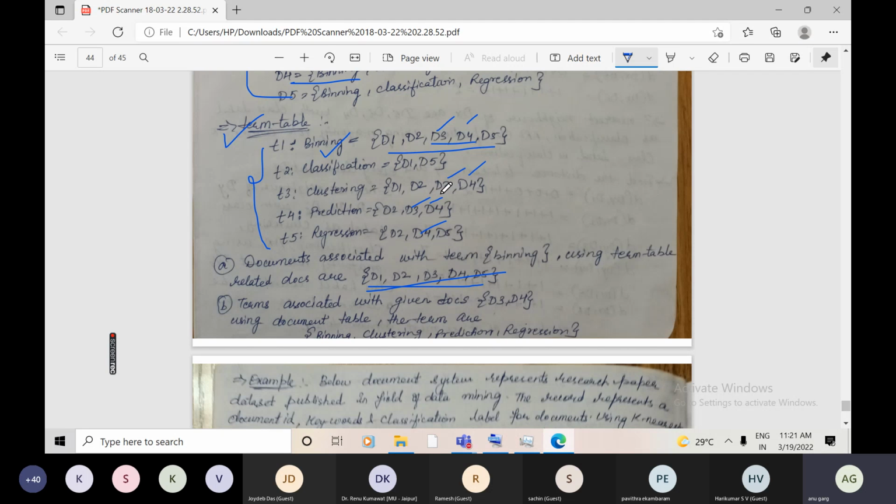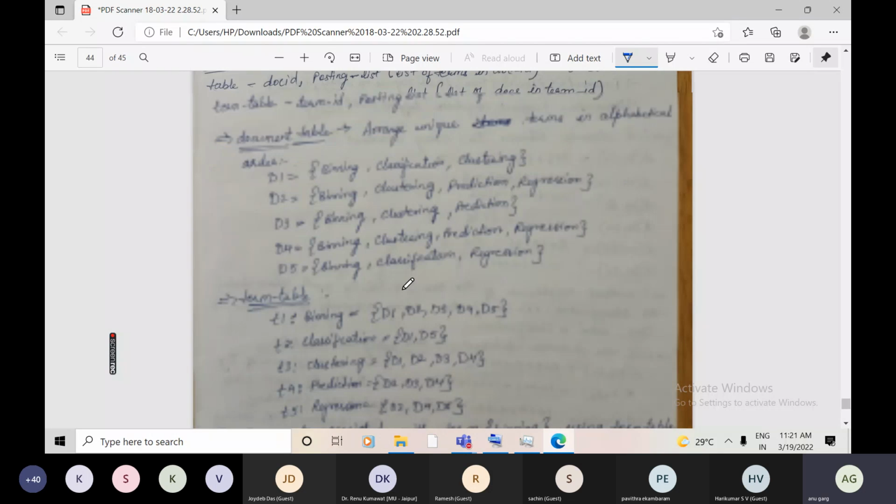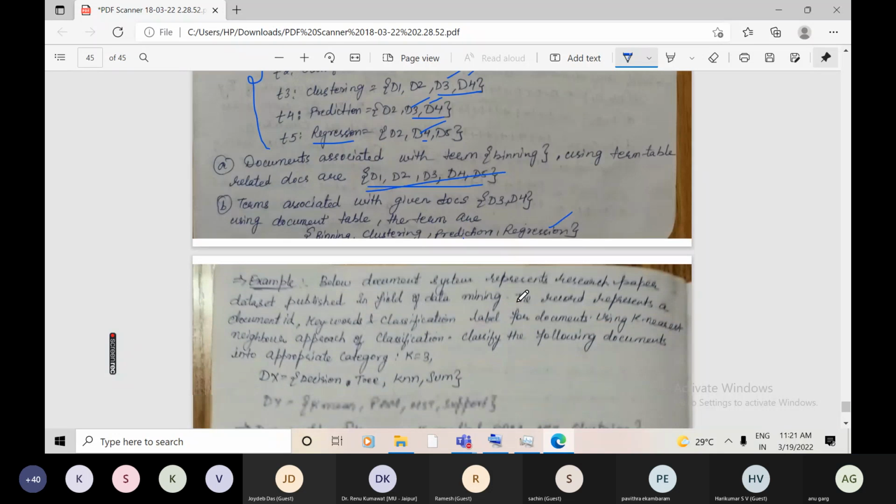Clustering is coming in D3, D4, so clustering. Prediction is coming in D3, D4, so prediction. And regression is coming in D4, so regression. These are all the terms appearing in D3, D4. We can directly see the answer from here also, but just to elaborate, they did it like this.